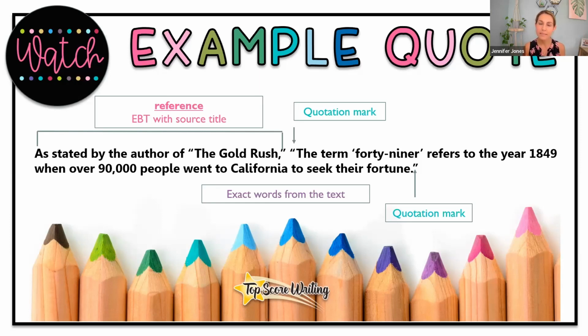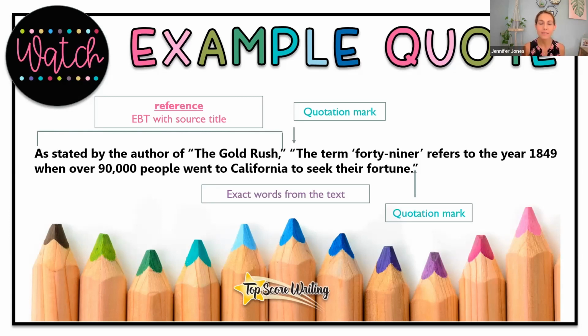So the quoted sentence is, the term 49er refers to the year 1849, when over 90,000 people went to California to seek their fortune. That is the quoted sentence. At the end of that sentence, after the period, you will see closing quotation marks. So basically, we took a sentence from the article, we put quotation marks at the beginning of the sentence and quotation marks at the end. Now let's take a look at the citation or the reference. We find that at the beginning of the sentence.